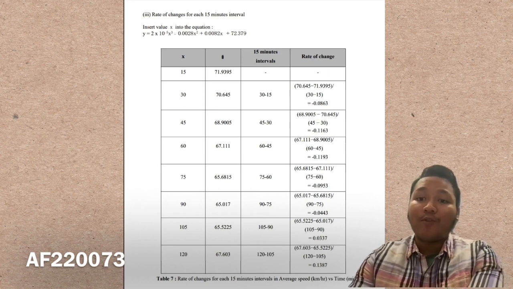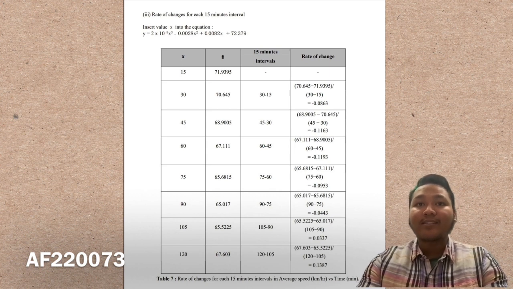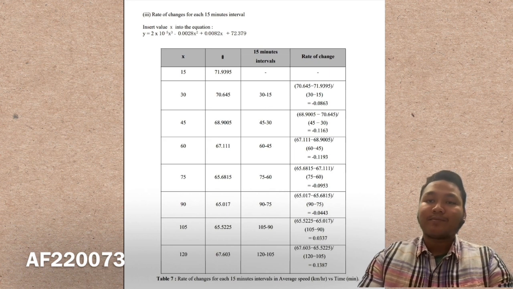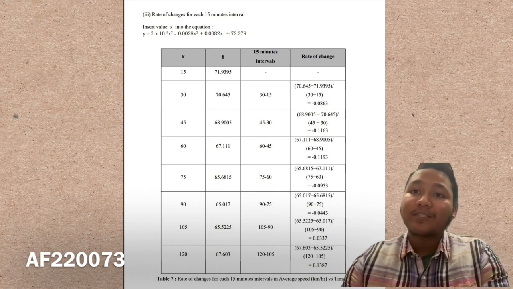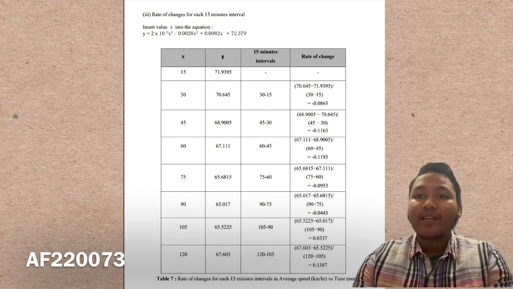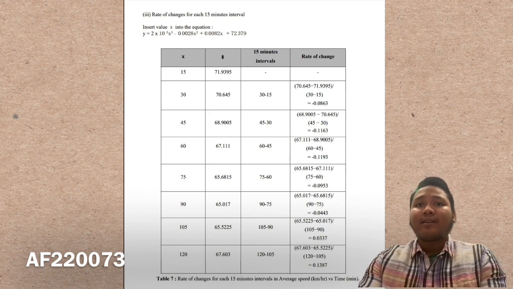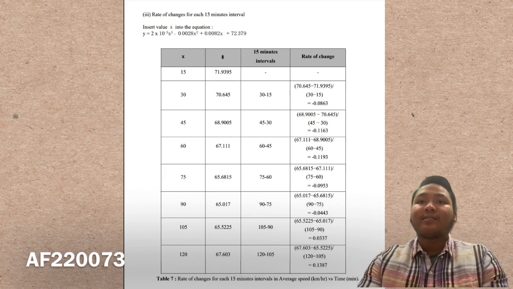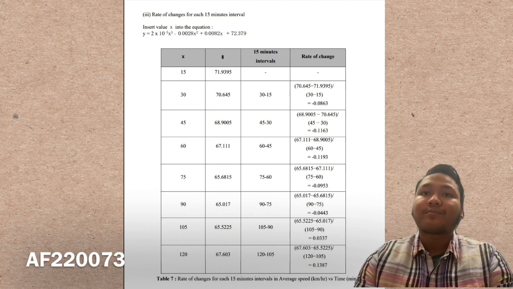To get the value of y, just insert the value of x and you will get y. For a 15 minute interval, 30 minus 15, 45 minus 30, 60 minus 45, the difference is 15. Then the rate of change is y2 minus y1 over the 15 minute interval, and you will get the rate of change.